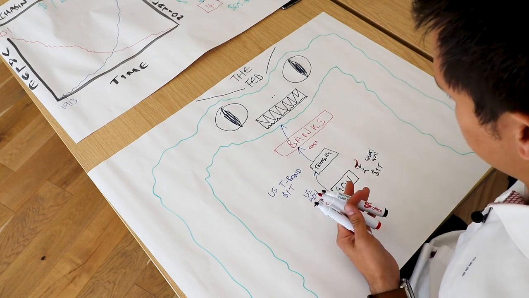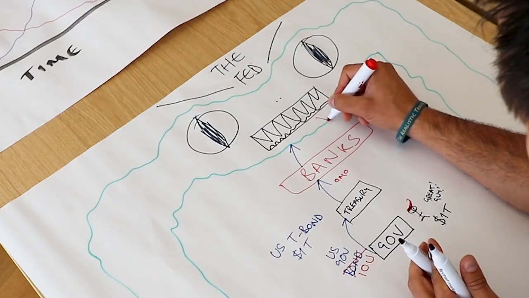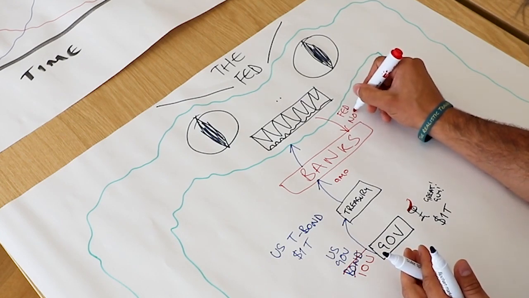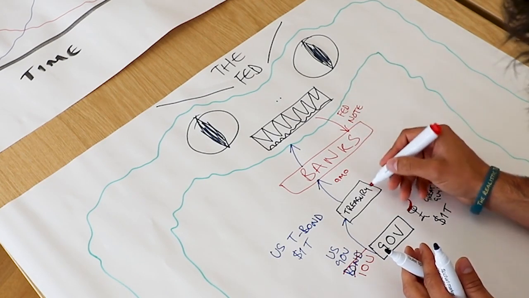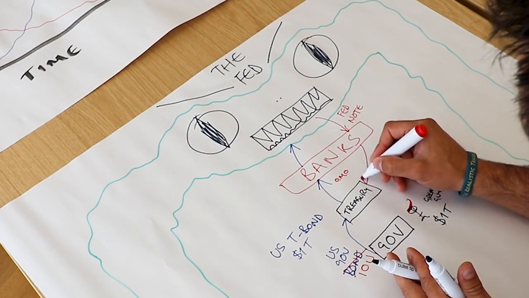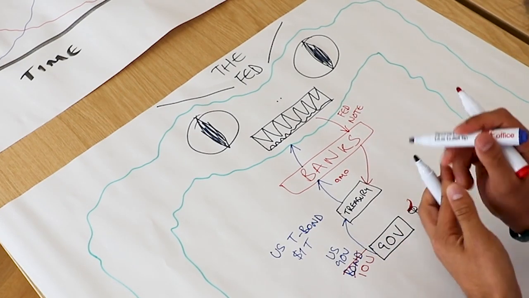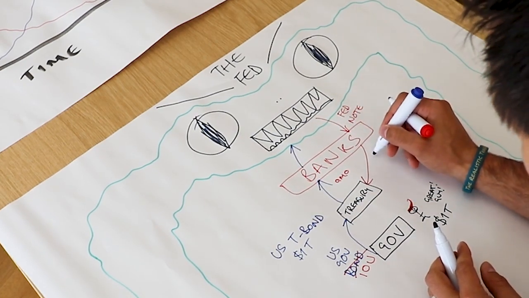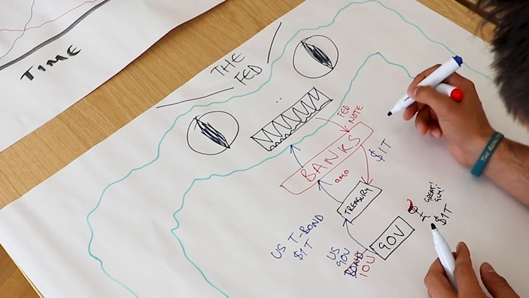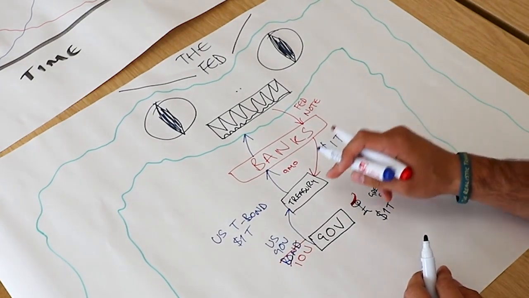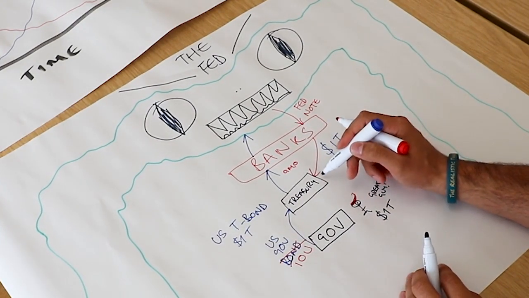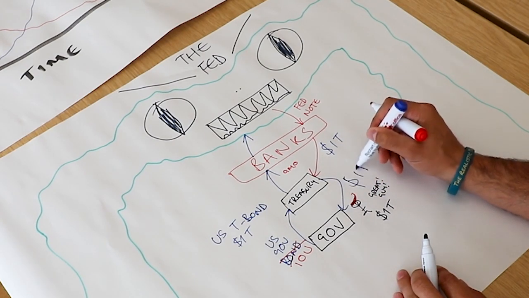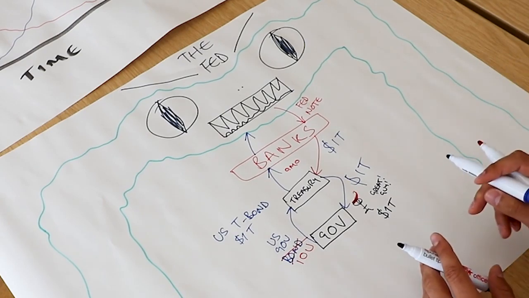So a Fed note makes its way from the Fed to the banks, and through this sort of shell game, it then magically turns into money. So it's actually this banking element here that turns this Fed note into $1 trillion. So the Treasury gets the $1 trillion, and then the Treasury goes to the government, all right then, here's $1 trillion. Go spend, go do what you gotta do, right?